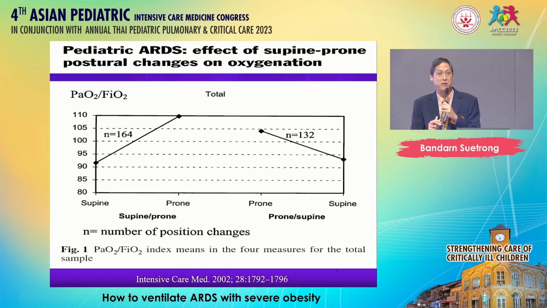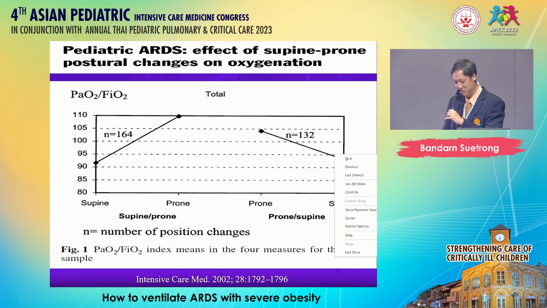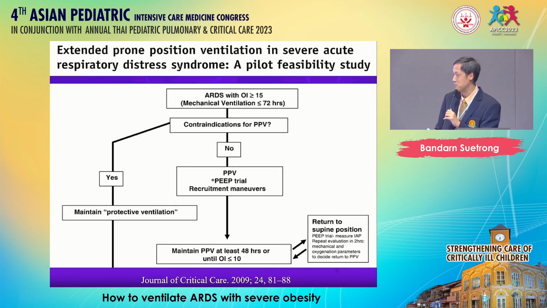But I think everyone faces this problem, like me. If we put the patient on the prone position, the PF ratio is going up. But if we put the patient back to the supine position, the PF ratio usually goes down. And how can I fix this problem? My nursing team and I usually use this protocol.